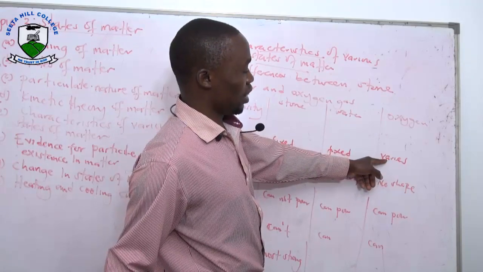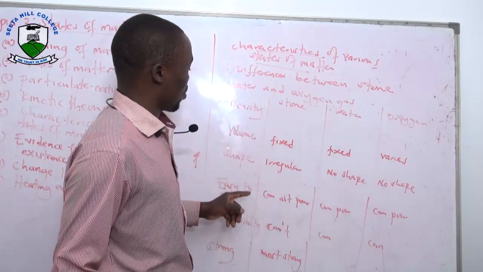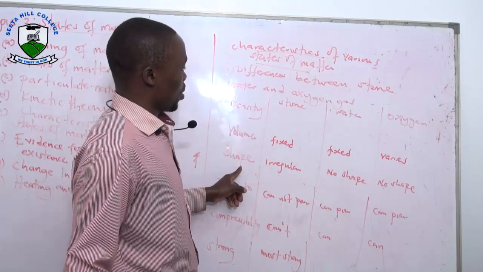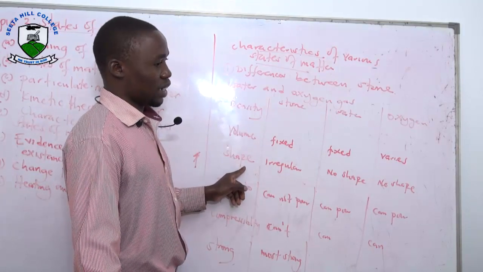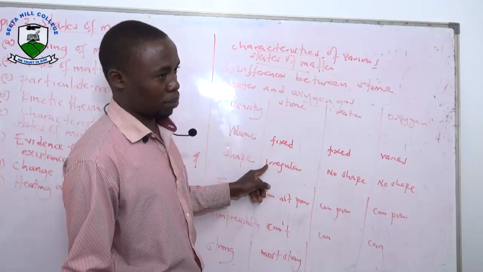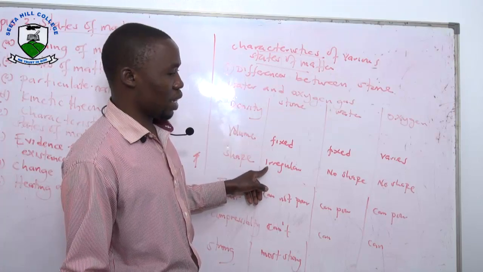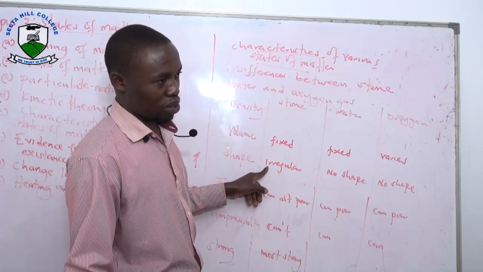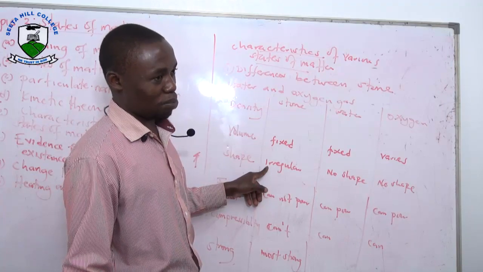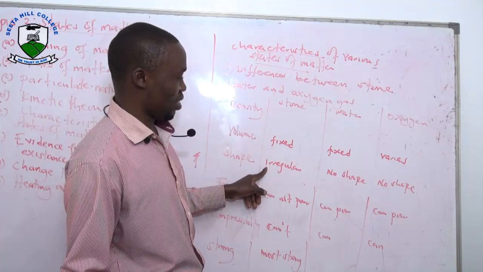That means it has no fixed volume in short. See? Then shape, you say the stone has the shape which is irregular. That's correct. To be irregular is to have a shape. That means the stone has a shape in simple terms, though irregular it is.